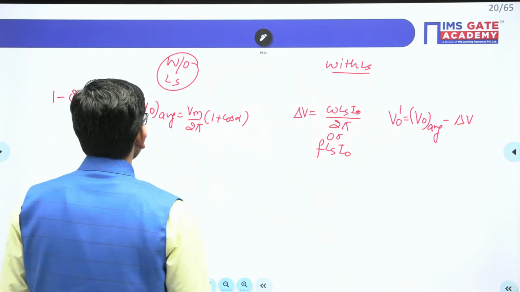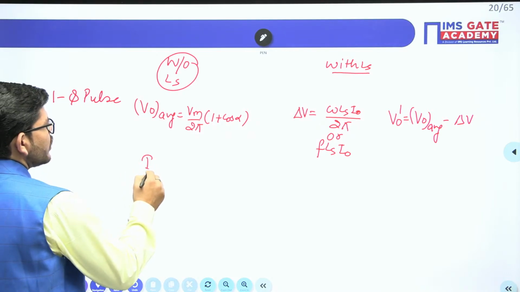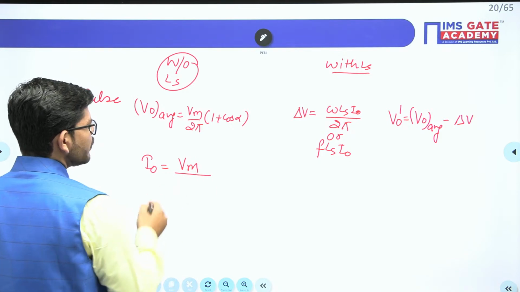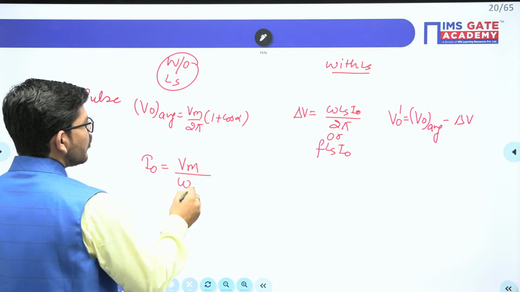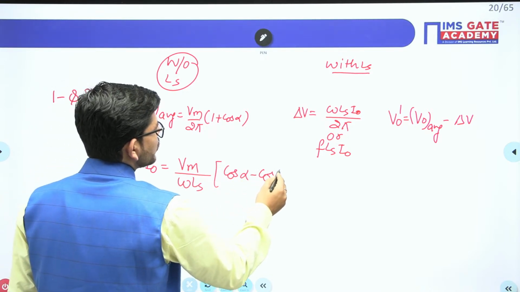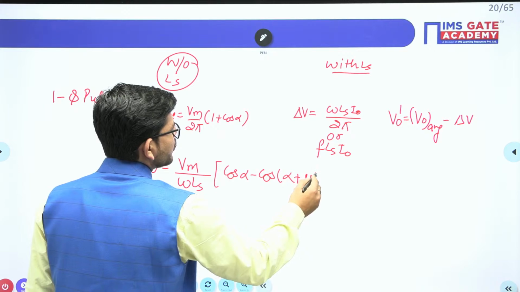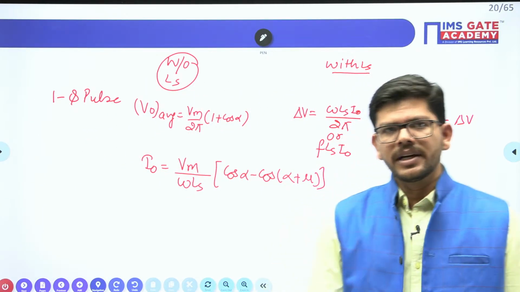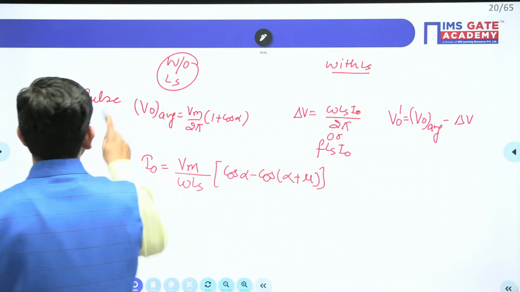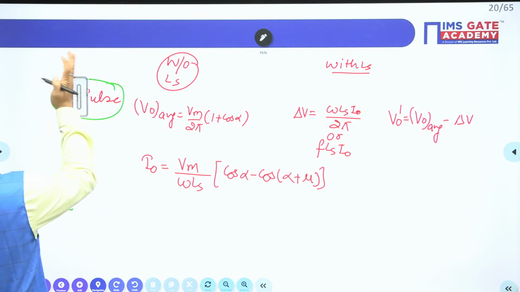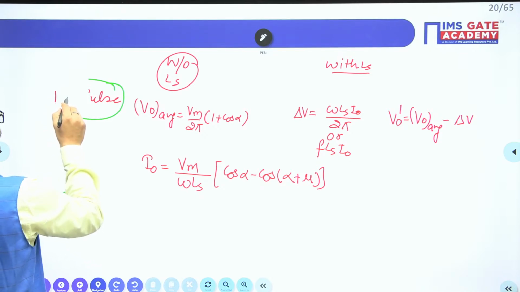One more thing to remember is the I naught expression in case of a one pulse converter: I naught equals Vm by omega Ls into cos alpha minus cos of alpha plus mu. These are the things in case of a single pulse converter. Then there is the two pulse converter.